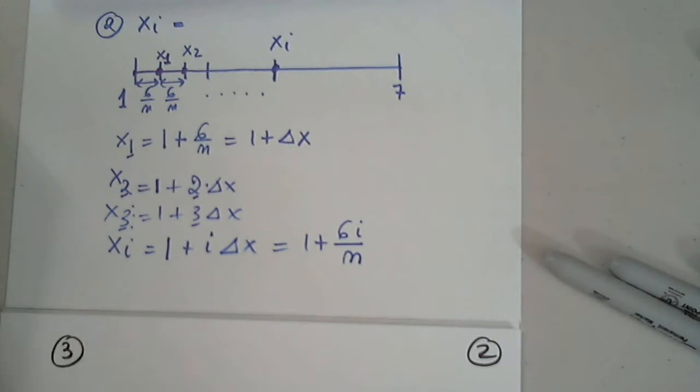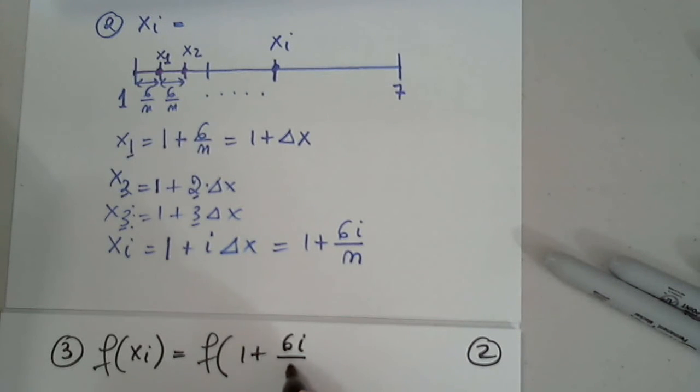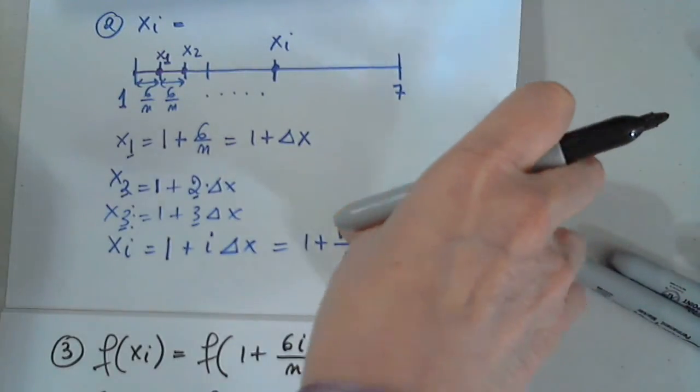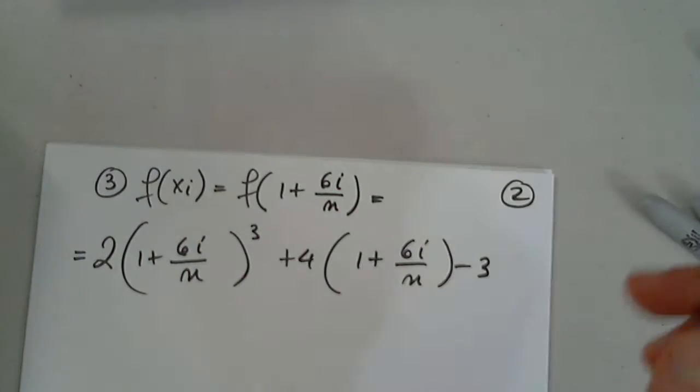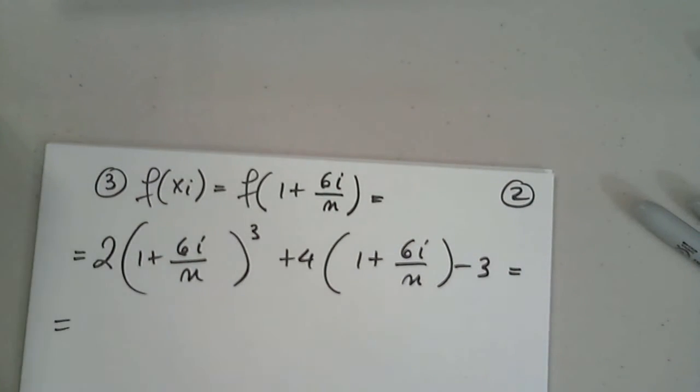Okay, in step number 3, the last prep, I have to find f of xi, which is f of 1 plus 6i over n. But now the function is a mess, because I have power 3. It will take me a while to take this to the third power. But that's okay. We're going to do this only once with such, starting at 1, but you need to see 1 at least.